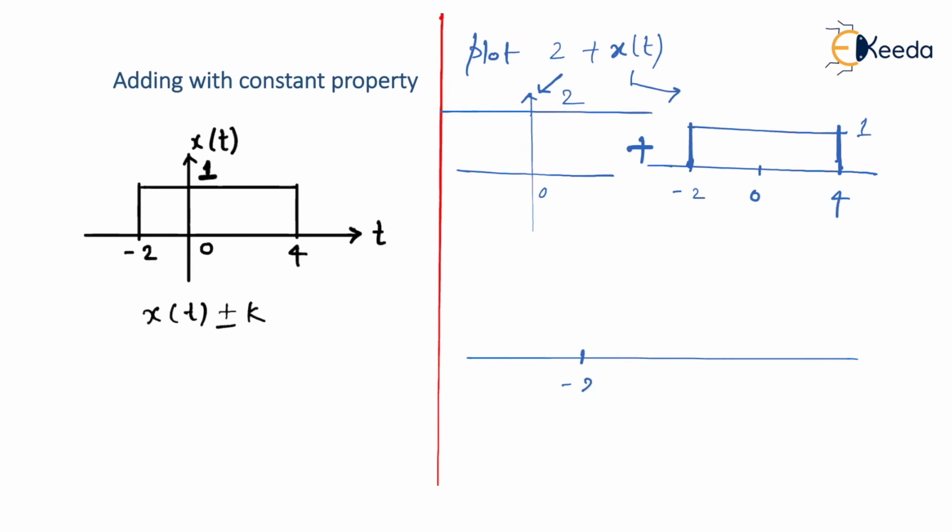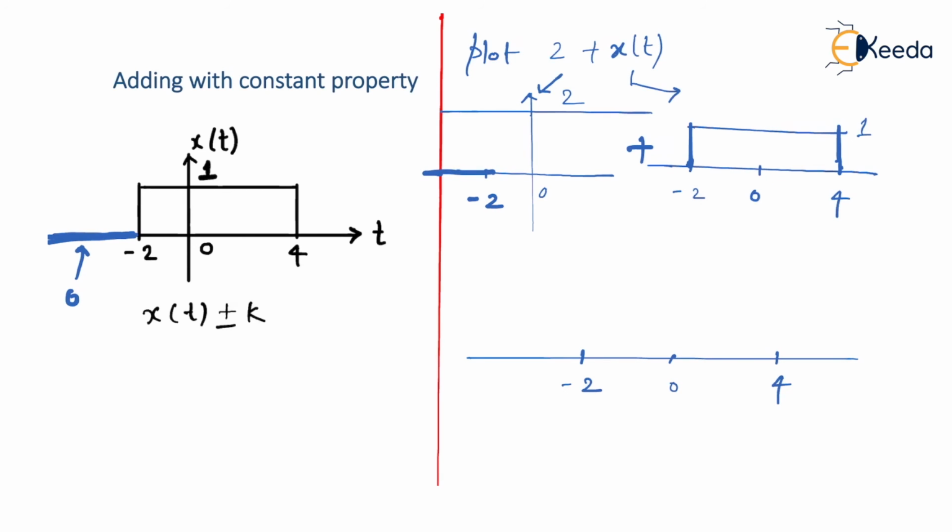I'm going to put again two limits here, -2 to +4. In between there is 0. Now you can observe our x of t for t less than -2. For t less than -2, x of t is always 0. Whereas this signal which is 2, it is always 2.